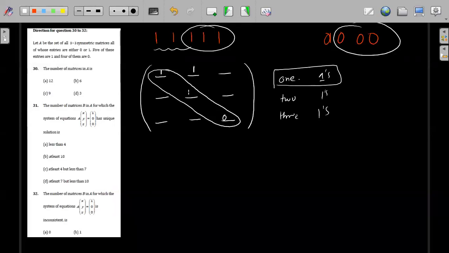I can fill 1 here, then 1 has to be filled here as well. Now 1 is filled, 1 is left. So if I fill 1 here, I do not have any pair to be filled, right? So that means the second case is not possible.